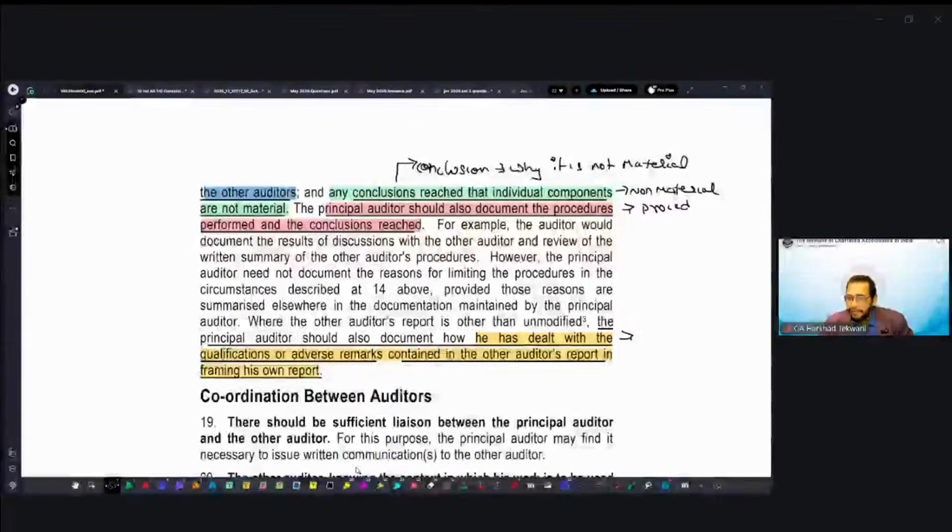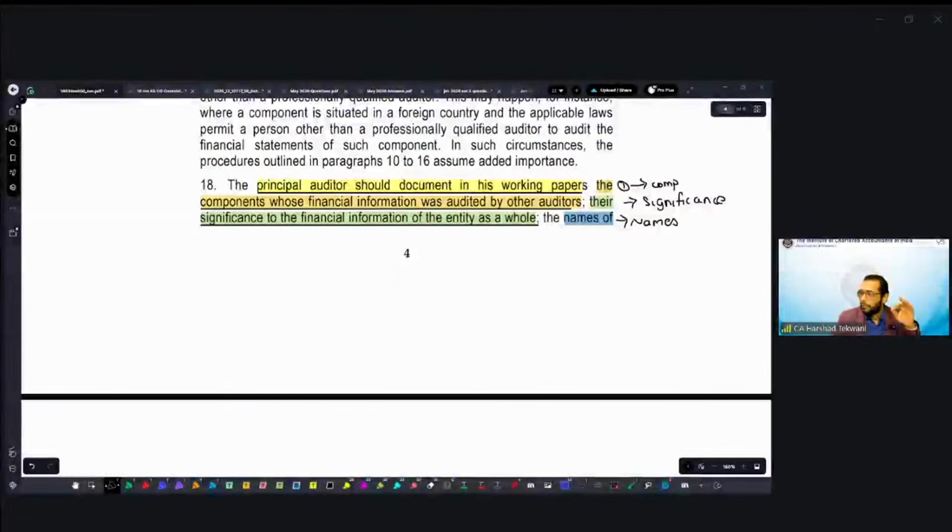Sixth, dealing with the qualification. Six items that we have seen now. Clear? Any doubt on this? Any doubt?